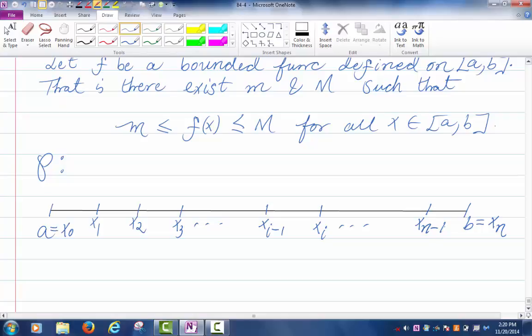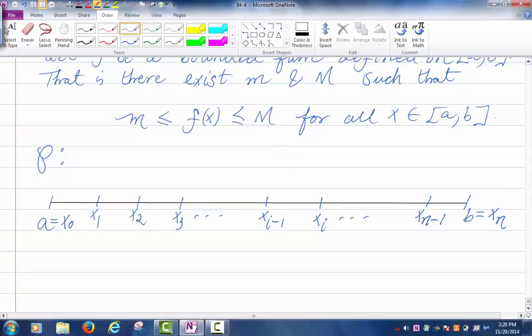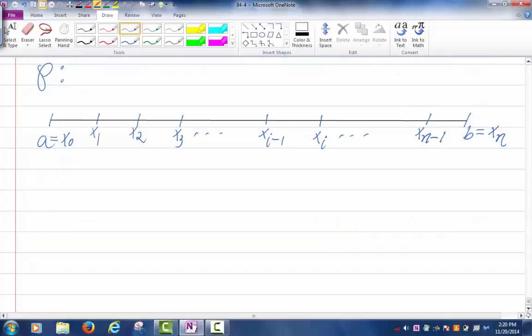Now this is what I'm going to do. I am going to pick 1 point in each subinterval, and these will be called sample points. So let me use red, a point in each subinterval. I'm going to pick W1 in subinterval number 1, W2 in subinterval number 2, W3 in subinterval number 3.